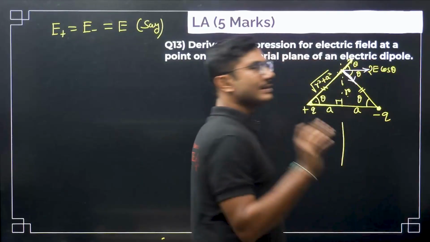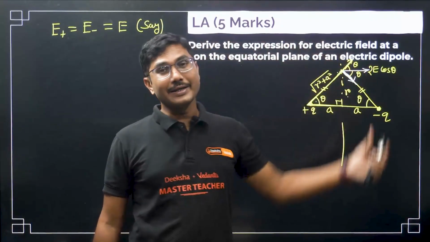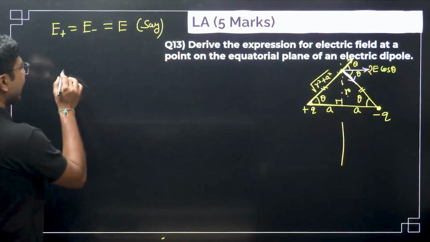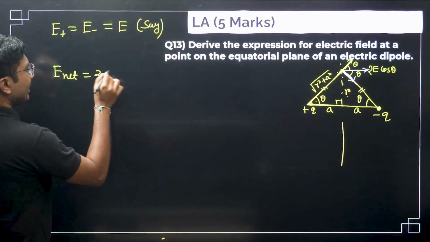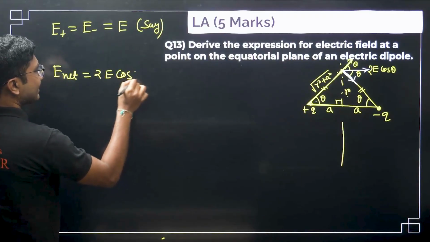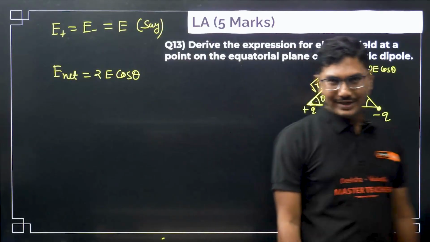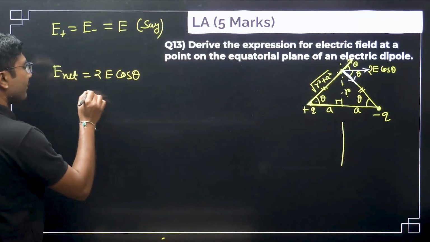Just understand this, it will be very simple. If you understand this concept, the remaining derivation is very easy. So the net electric field is basically 2E cos theta, as simple as that. Now you have to put the value of E and cos theta and simplify. So what is the value of E?